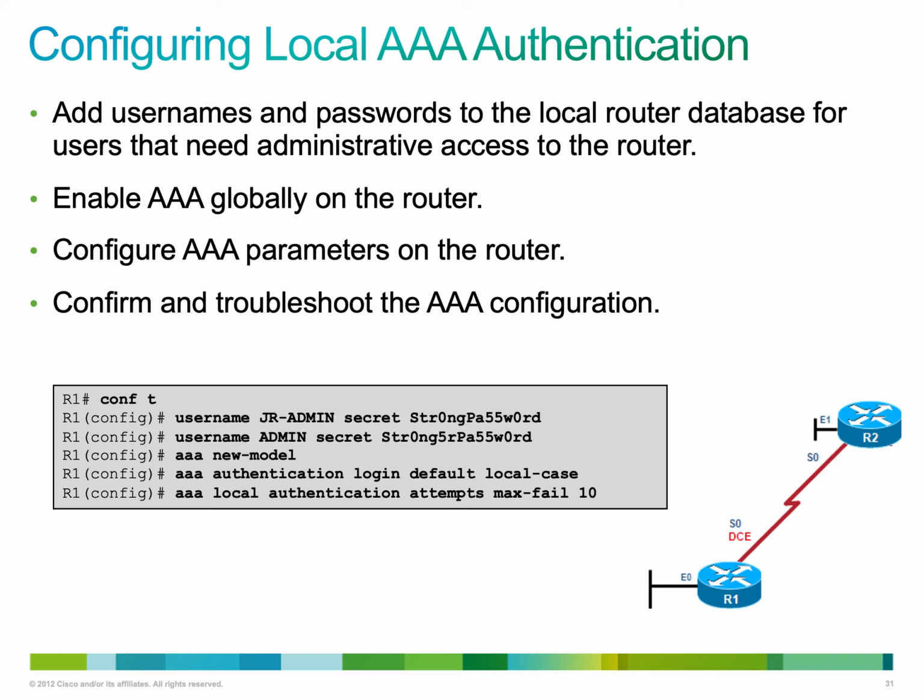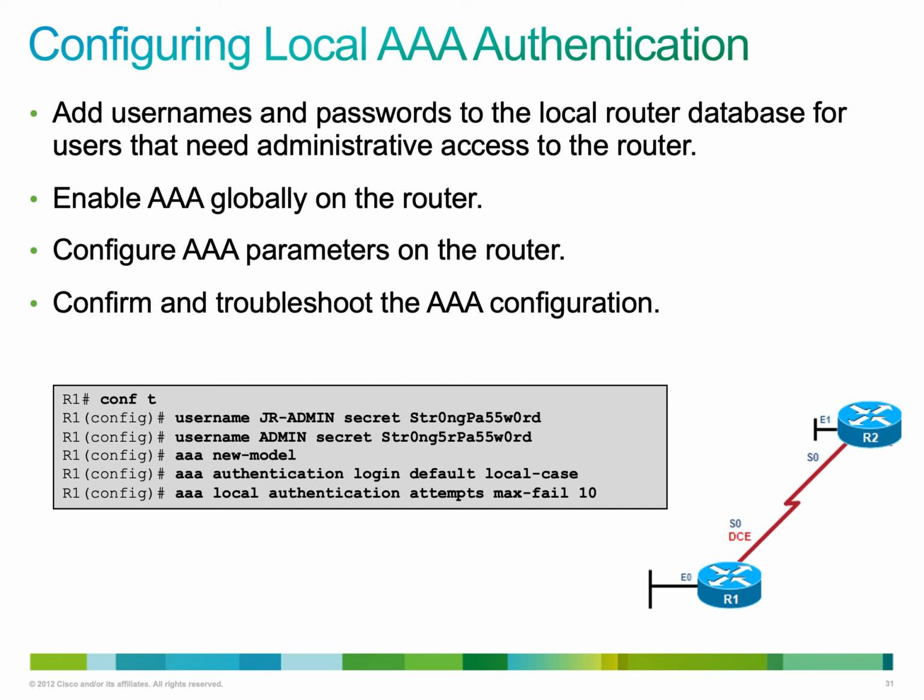Now, configuring local AAA authentication. We add the username and password to the local router database for users that need administrative access to the router. So, if you need administrative access to a router, your username and password must be added to the local router database. If not, the router will not authenticate you and you will not be able to log in.